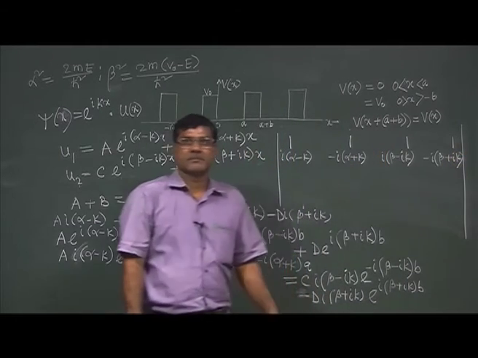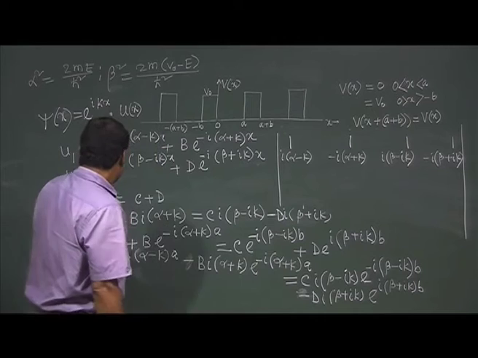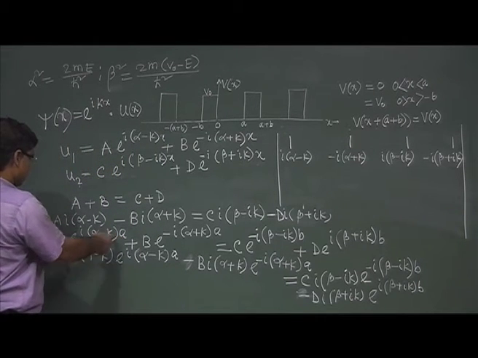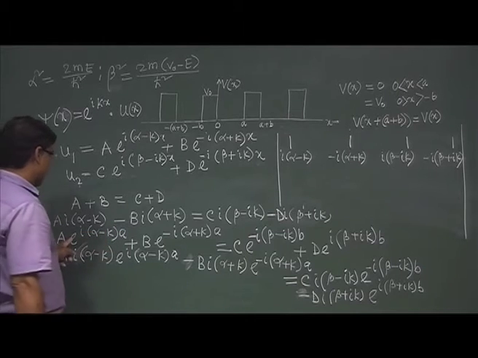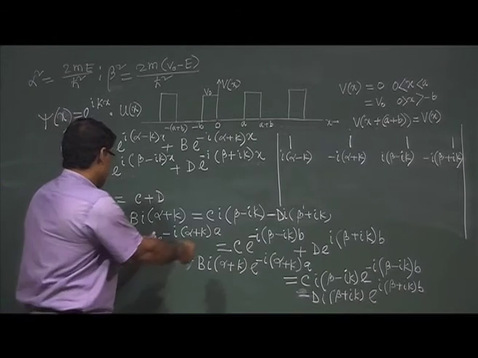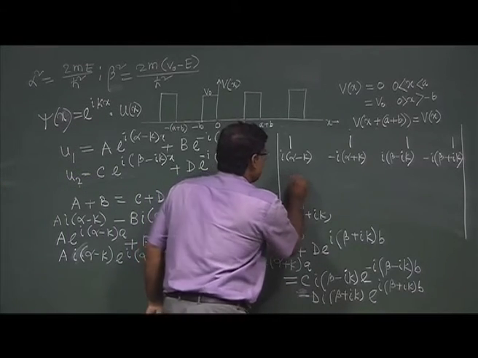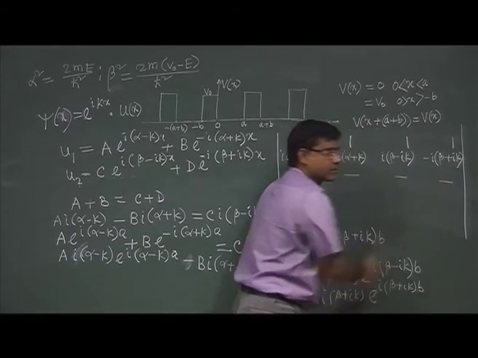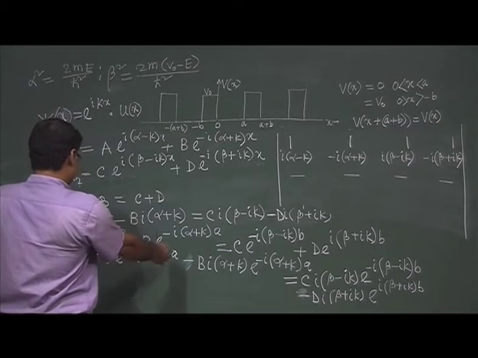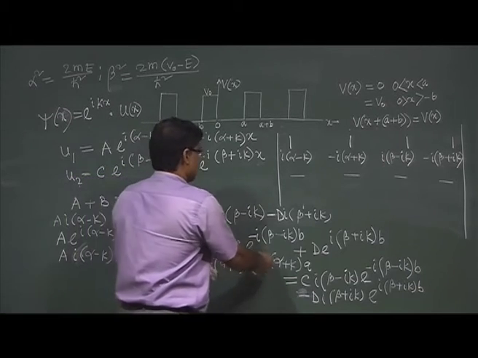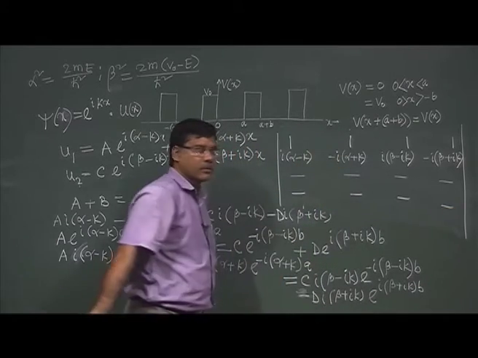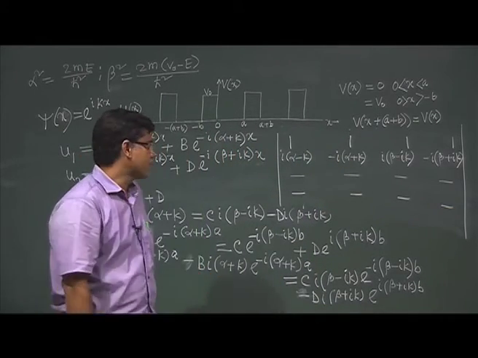Similarly here, coefficient of A, this e to the power i alpha minus k into A. Similarly from here, the coefficient of B and so on. So this is a 4 row, 4 column determinant, a 4 by 4 determinant.